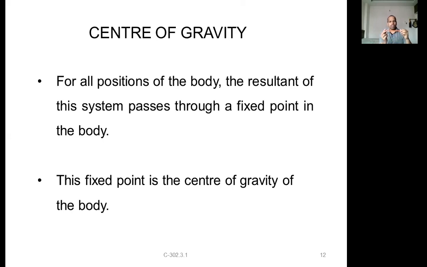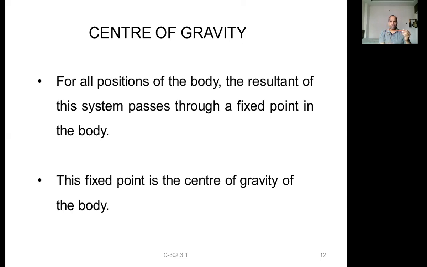A body consists of several particles. Each particle's weight acts vertically downwards. I will repeat it: a body consists of a number of particles, and each particle has weight, which is nothing but the gravitational force of attraction.